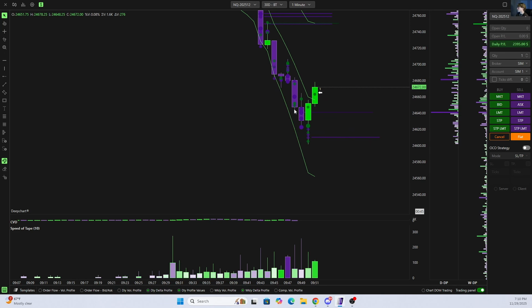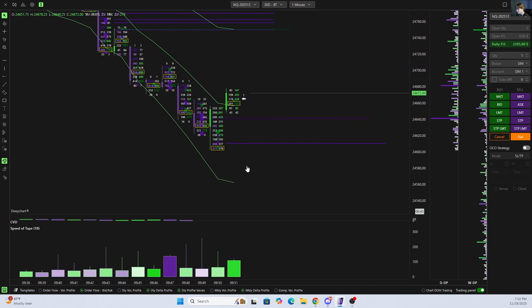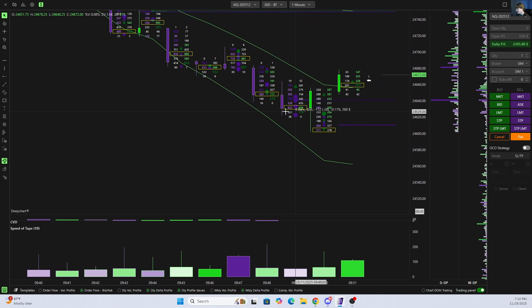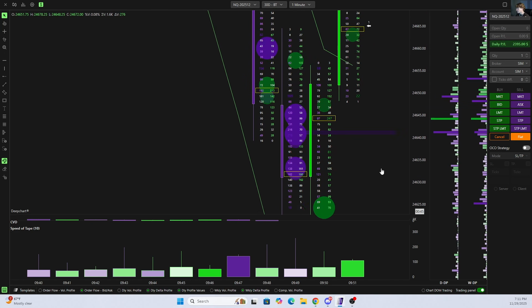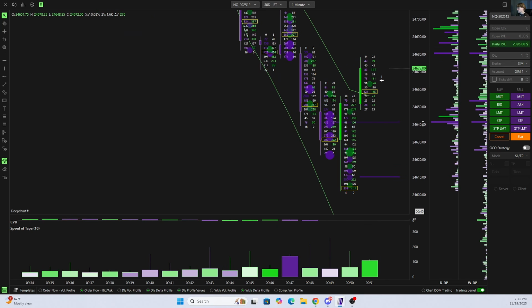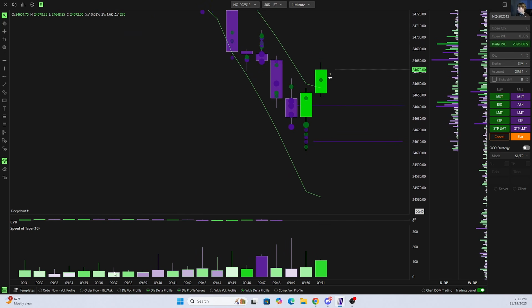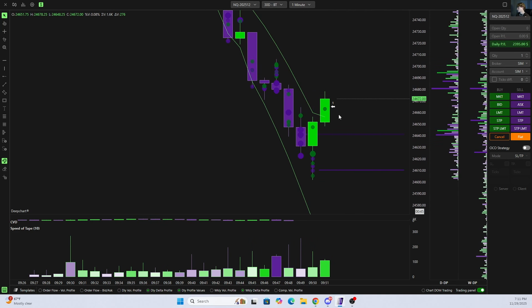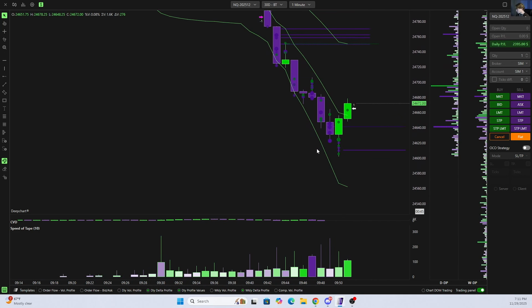So now we go, okay, there was a lot of interest here, a lot of aggressive selling here. Yes. We can even zoom in and go, yeah, there was clearly a lot of interest here. I mean, look at the negative delta on this. The amount of selling that came in at this zone is insane. But the market's reaction was push up out of it. Meaning there's passive buyers absorbing, and now we're getting a strong push away.